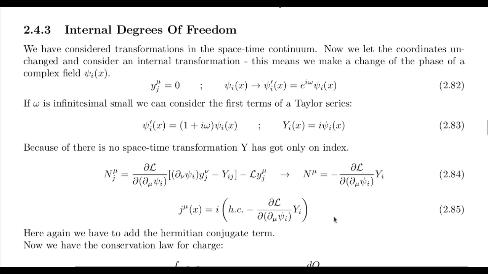And if we add the Hermitian conjugate here, then we can write now for the current J, this, that should be clear, this is a current, and the current is conserved.